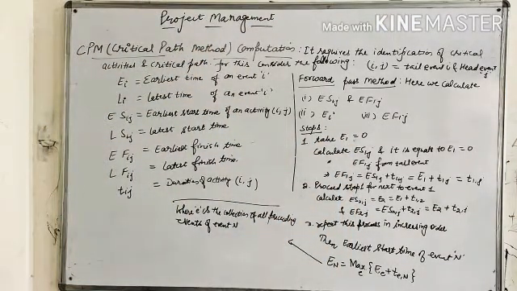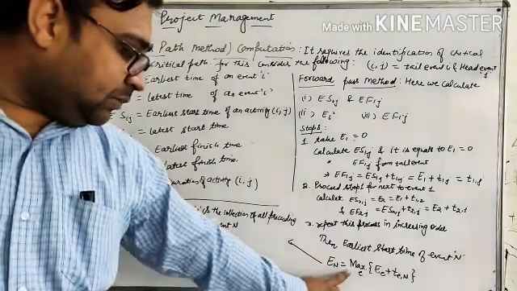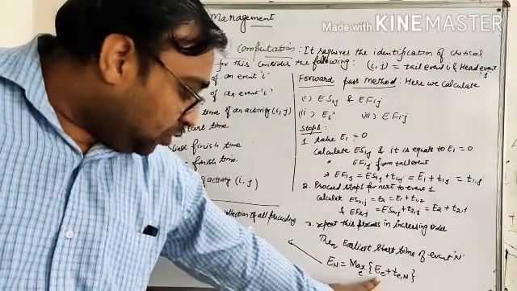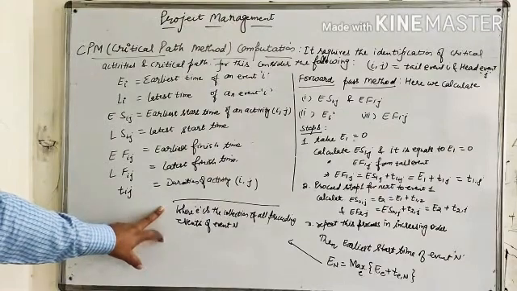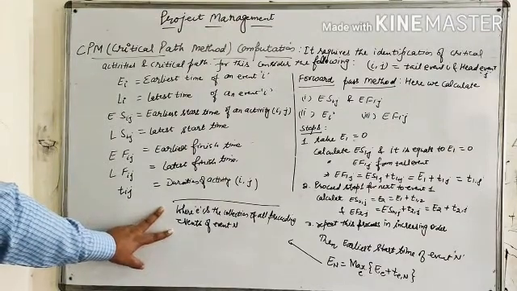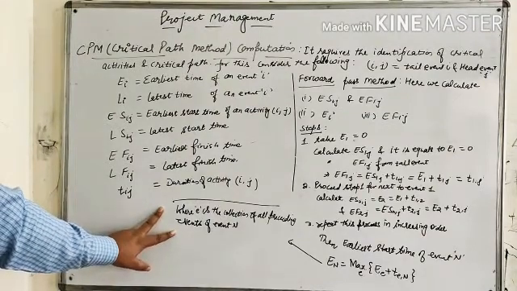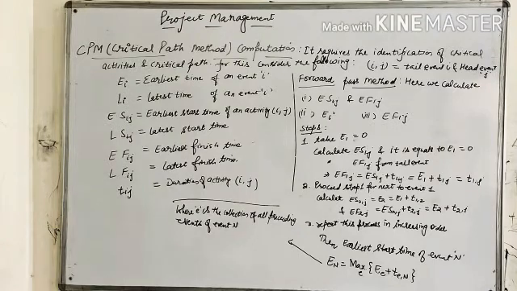Then the earliest event time of event capital N is En, which equals the maximum of small e plus Ten, where small e is the collection of all preceding events of event capital N. That is, small e is the collection of tail events of all activities that terminate at event capital N.